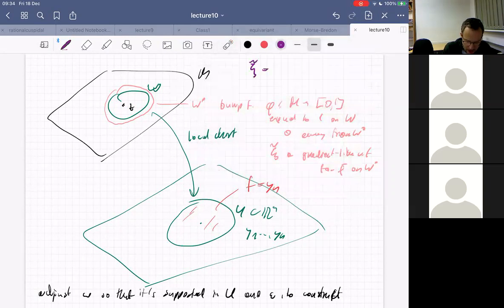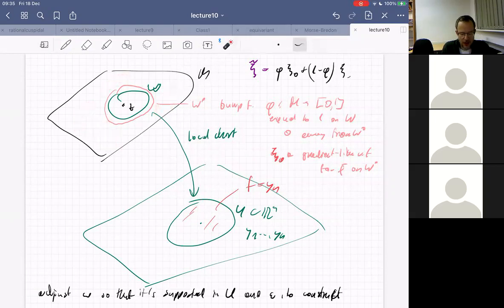We define psi tilde, sorry, maybe I should call it psi naught, to be equal to phi psi naught plus 1 minus phi psi, so that away from this set, my new gradient-like vector field is the same as my old gradient-like vector field.